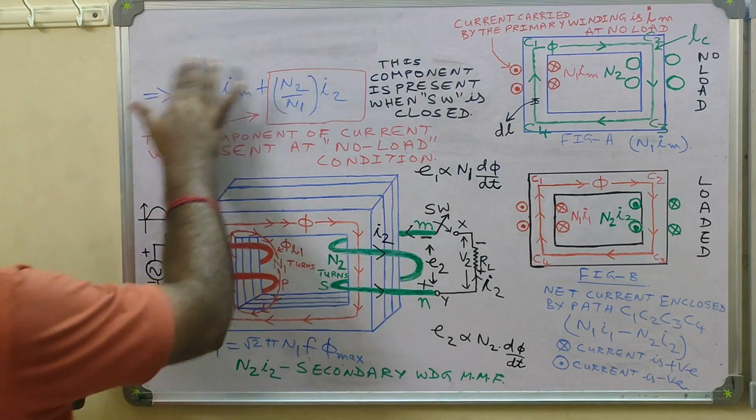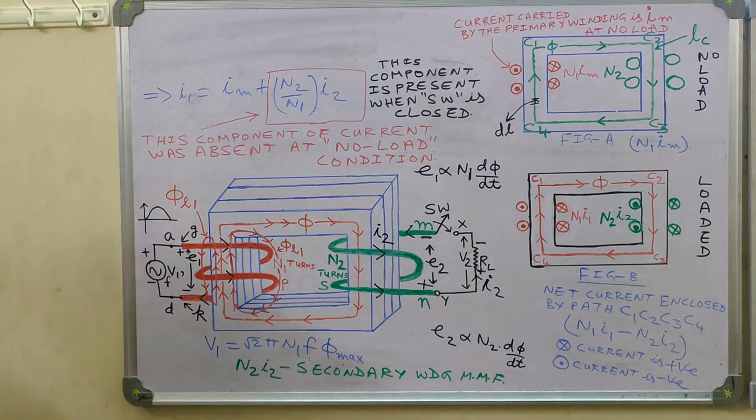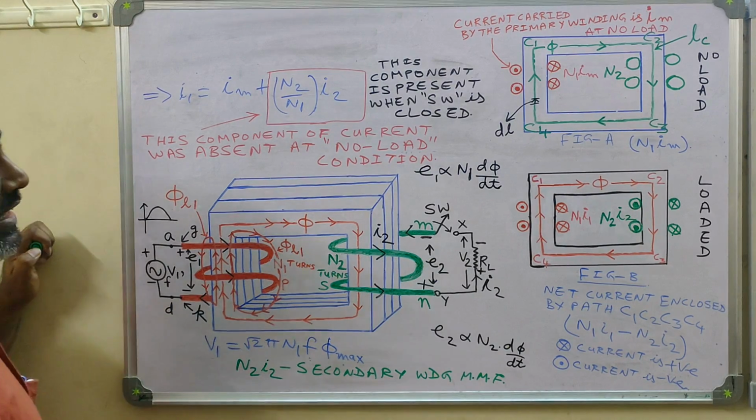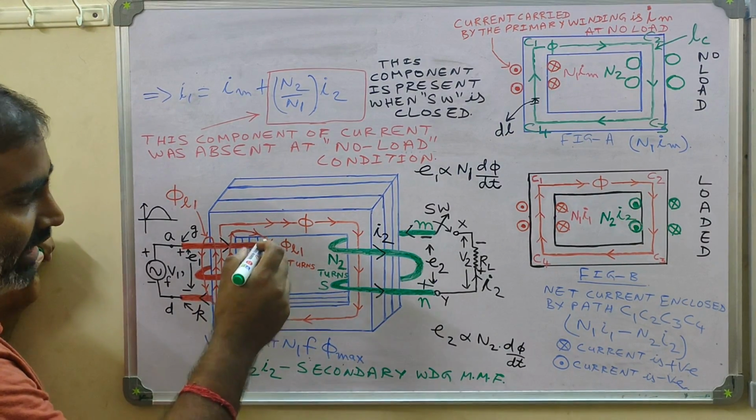What is I1 dash? I1 dash is that component of current which is drawn by the primary winding P in order to neutralize the demagnetizing effect of secondary winding MMF.